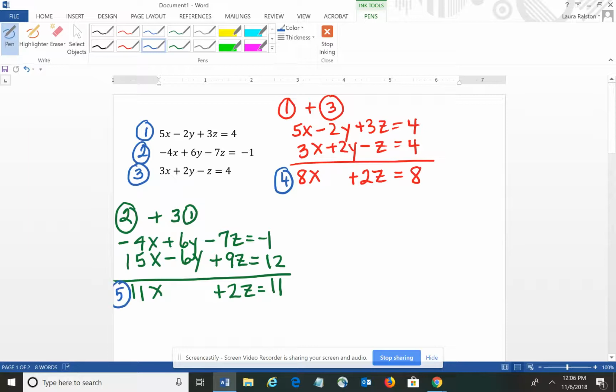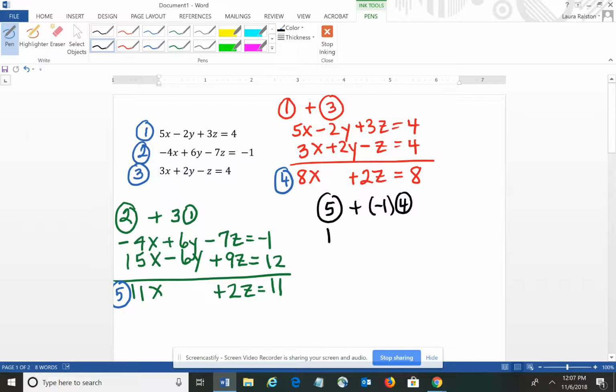So I can then take equation 4 and 5 and combine them together. So I'm going to do equation 5 plus -1 times equation 4 to eliminate the z.